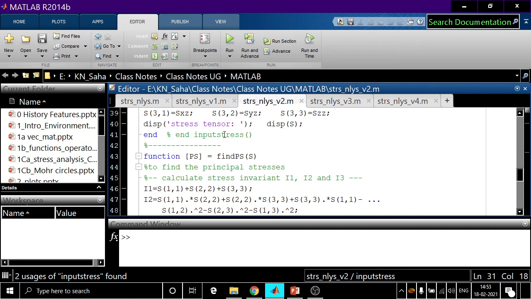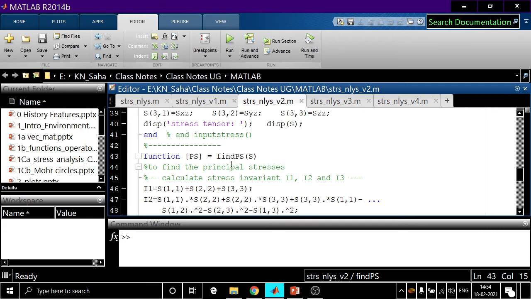Earlier, this is known, and that given stress tensor is stored in this variable S. So find principal stress requires that stress tensor. So this is the argument. What is the output of this particular function? It gives PS, that means principal stress. So obviously this PS has three components: sigma 1, sigma 2, sigma 3. Those are the components of PS.